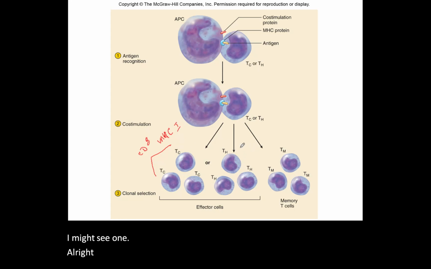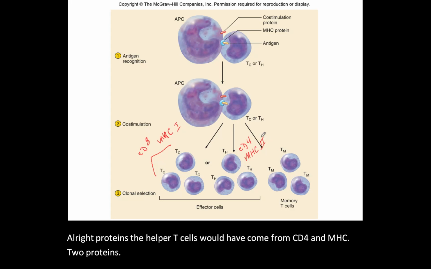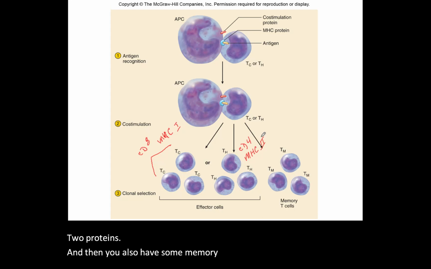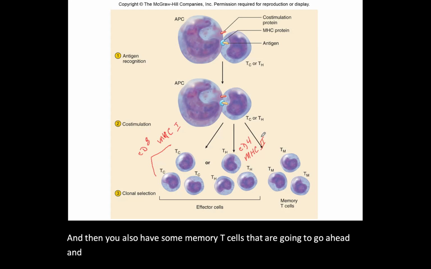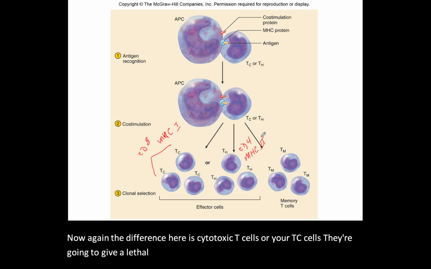The helper T cells would have come from CD4 and MHC2 proteins. And then you also have some memory T cells that are going to be created. Now, again, the difference here is cytotoxic T cells, or your TC cells, they're going to give a lethal hit. They're going to actually attach directly to the cell.